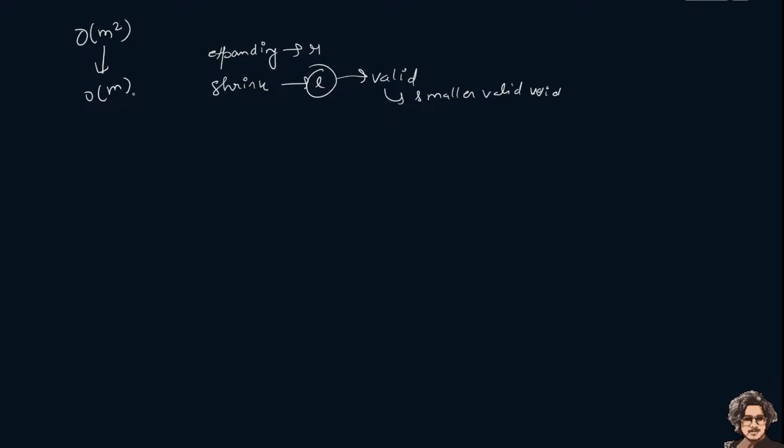So what are the strategies? Let me write the algorithm strategy. First of all, we have to build the map of t to store the frequency of t.